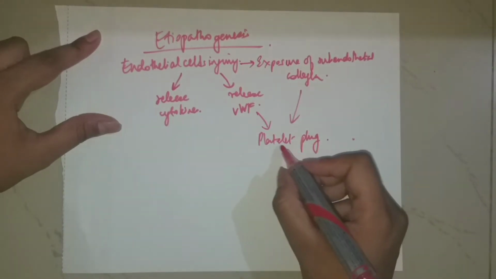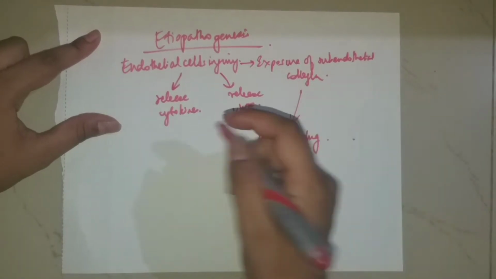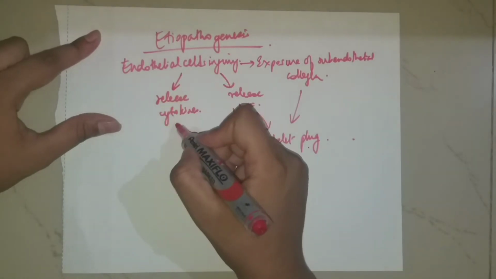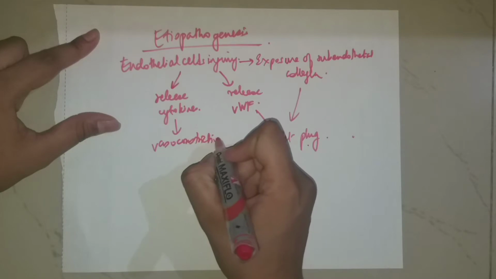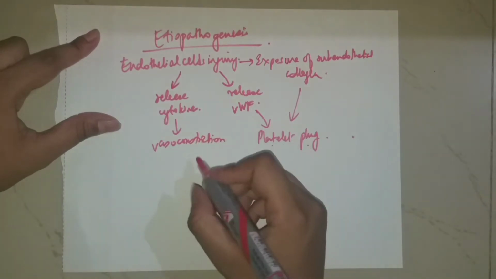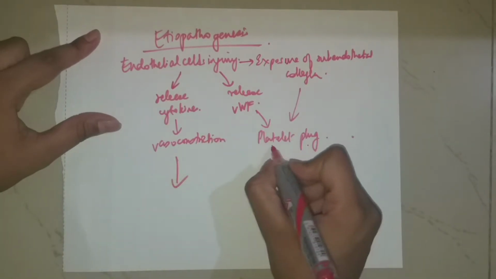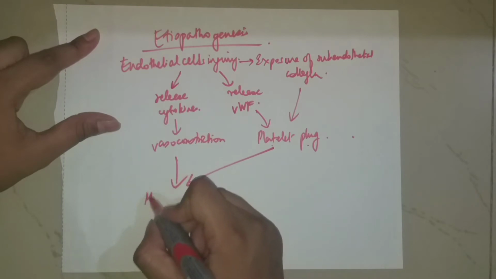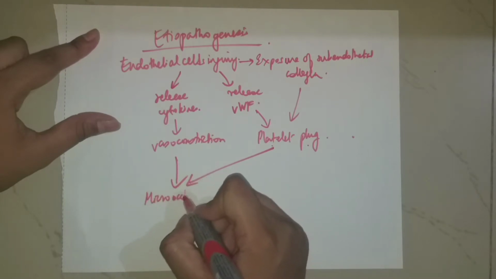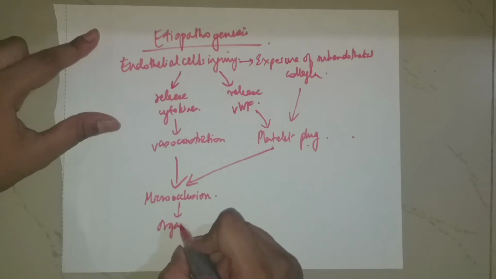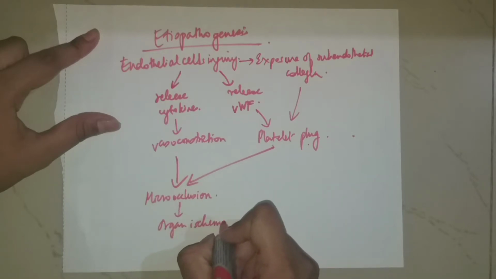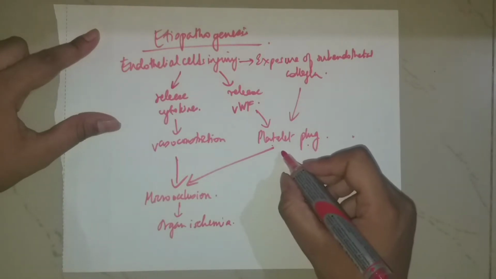Okay, and then one more, because of the release of cytokines there is vasoconstriction, and since there's narrowing of the lumen, together this and the platelet plug contribute to microocclusion, meaning occlusion of the small blood vessels, which causes organ ischemia on one hand, and also the platelet plug.